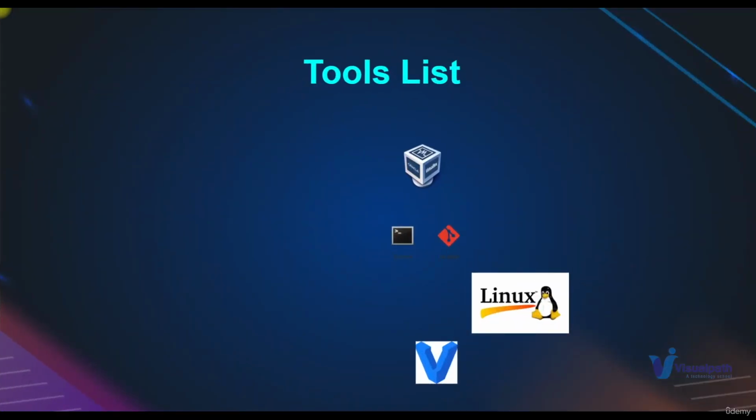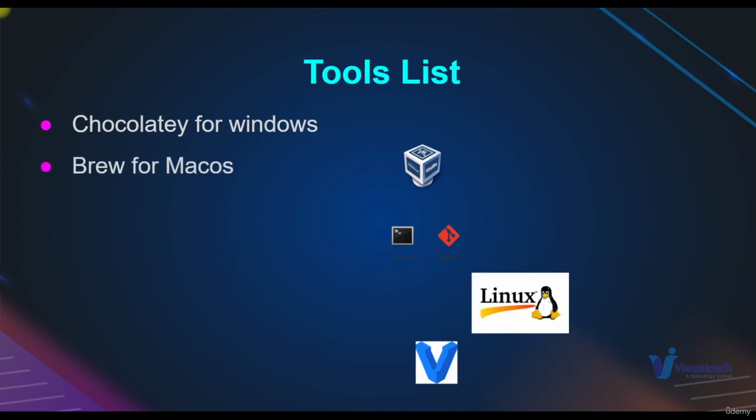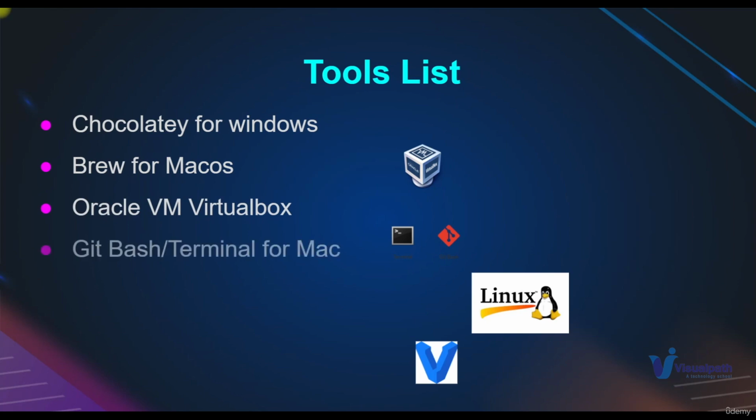From the prerequisites video, you should have these tools. You should have Chocolatey for Windows, Homebrew for macOS, Oracle VM VirtualBox, on which we'll create VMs, Git Bash for Windows or Terminal for Mac, or PuTTY in Windows and Terminal for Mac. Linux, same thing, Terminal.